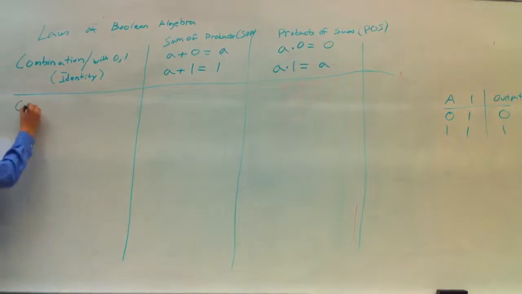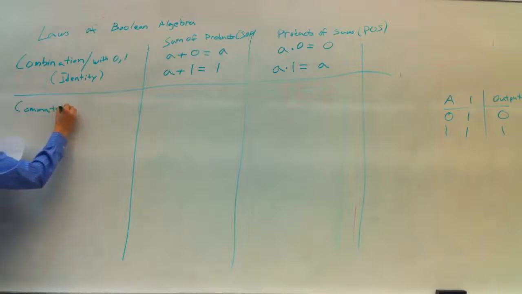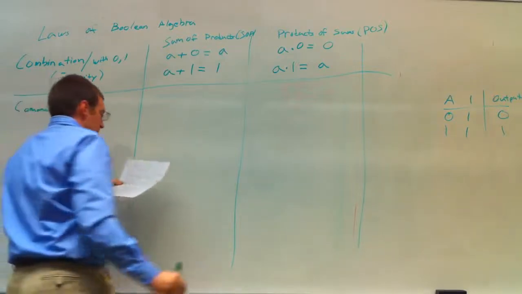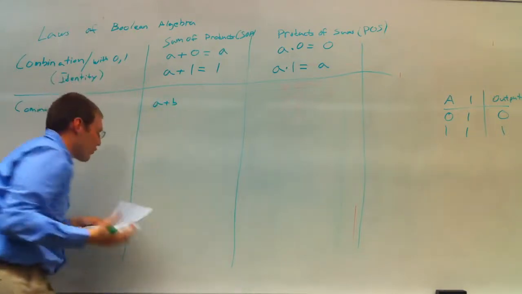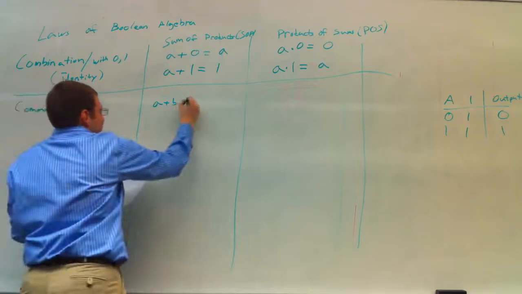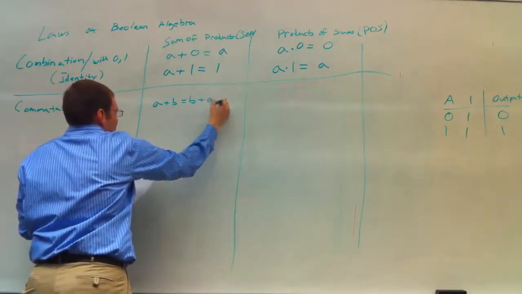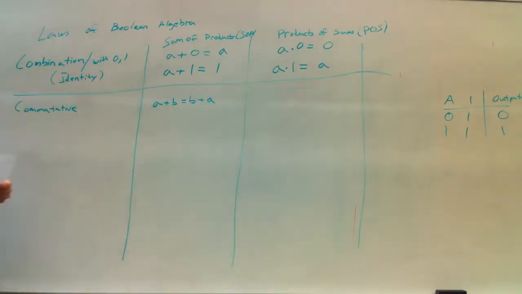And the next law is the commutative law. A or B equals B or A. Right?